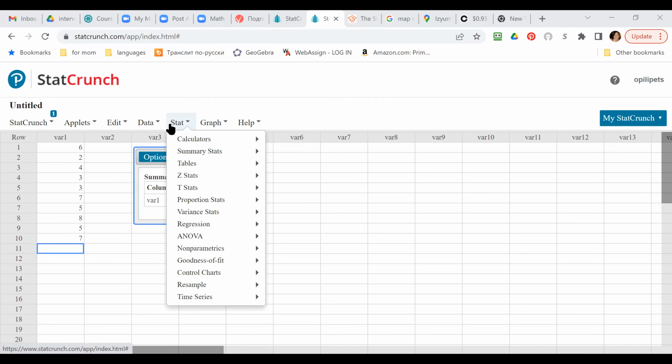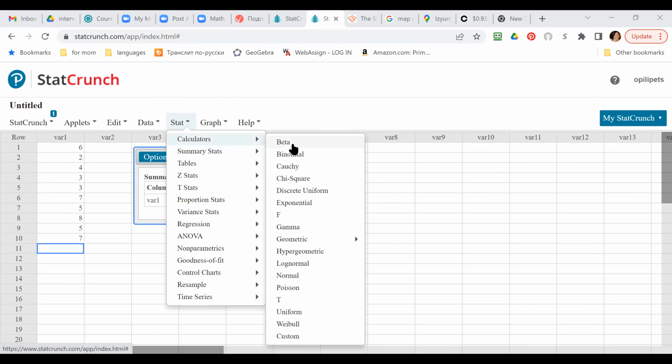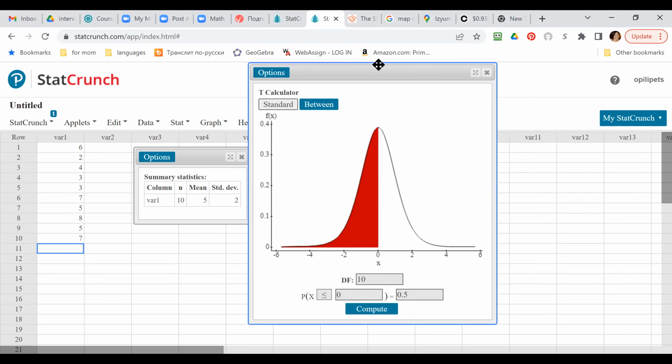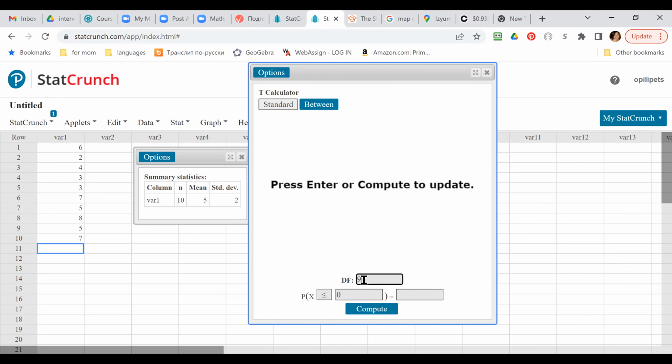Again, we're going to use StatCrunch, and we're going to select a t distribution. For the testing of the means, we are going to use the t distribution. The degrees of freedom is 9 because n is 10. All right, and we're looking at the left tail, and our test statistic that we found is negative 1.581.